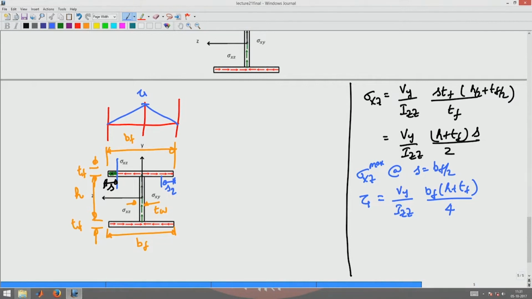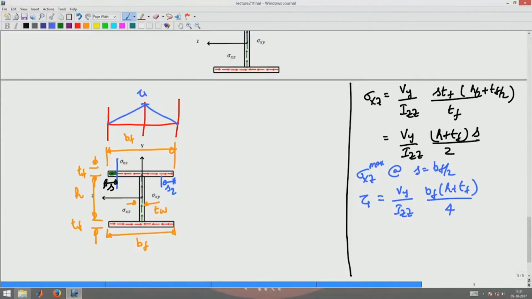Now, how do you assume this S is a question. You have to assume S such that it is along the same direction as the shear flow, or opposite to the direction of the shear flow, but it cannot be continuous across sections where the shear flow changes its direction.